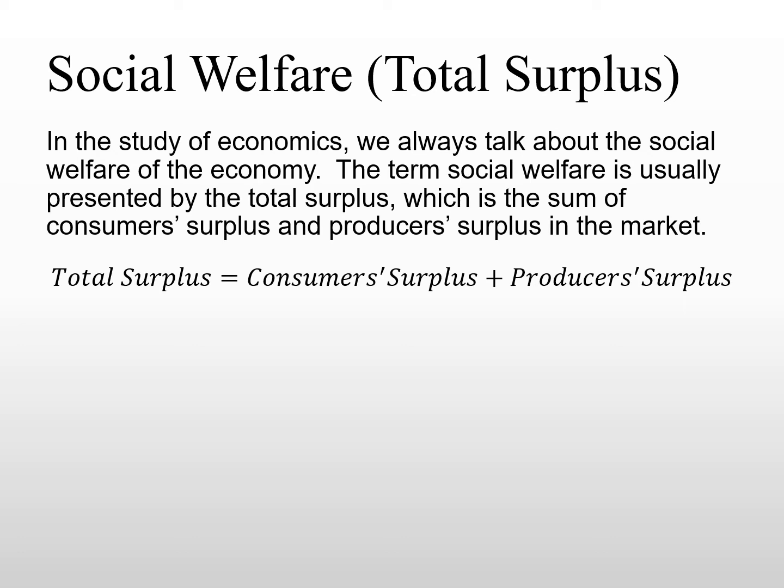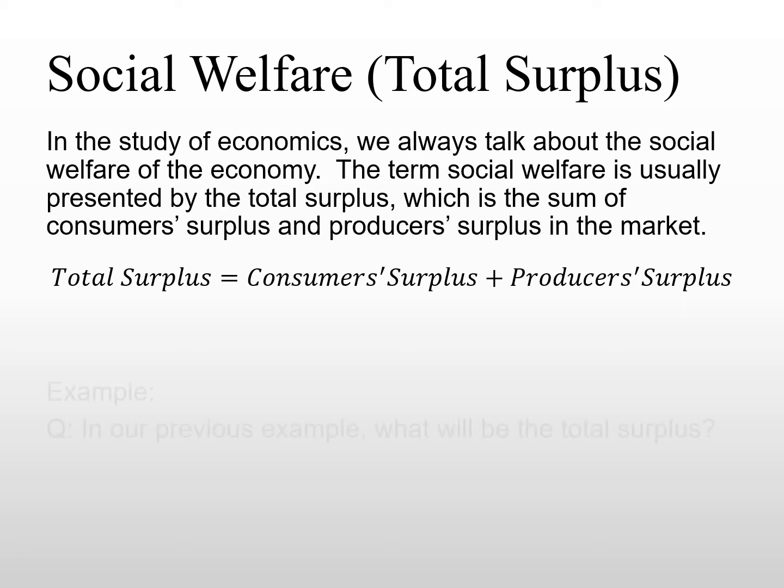In every single transaction, the consumer will earn something and the producer will earn something. And therefore, when we add the consumer surplus and the producer surplus from the market, we can call this the total surplus. And this term, total surplus, always refers to the social welfare received by the consumers and the producers in a single market.